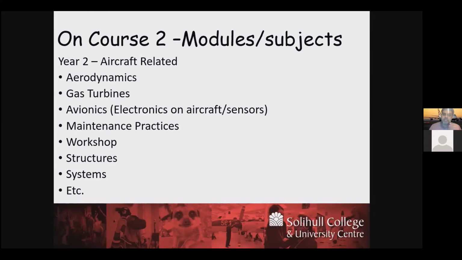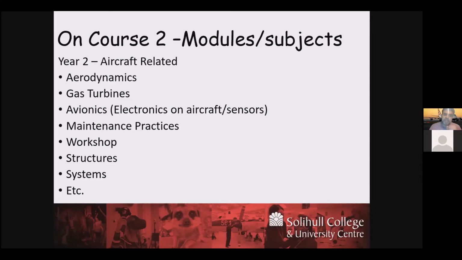And year two, as I said, is more aircraft related. So we talk about aerodynamics: how does a wing generate lift, how can we make it better, what sort of things are involved in that. We look at gas turbine engines: what they are, how do they work, what are the different types of them, and where else would you find a gas turbine engine apart from being on an aircraft.